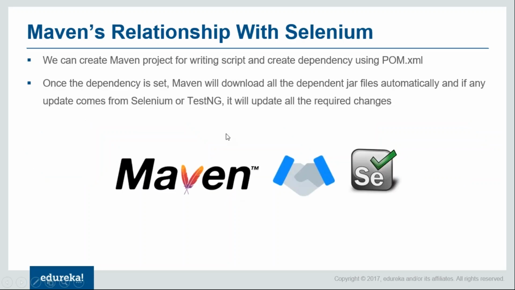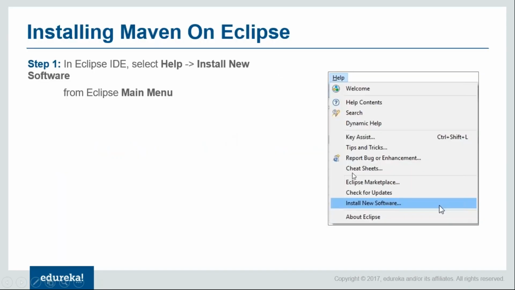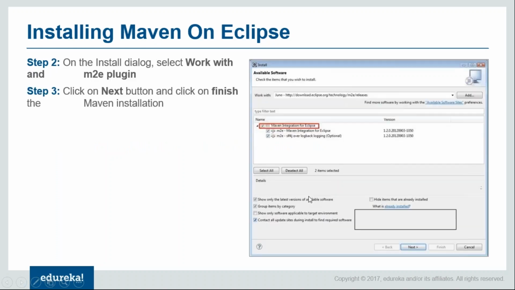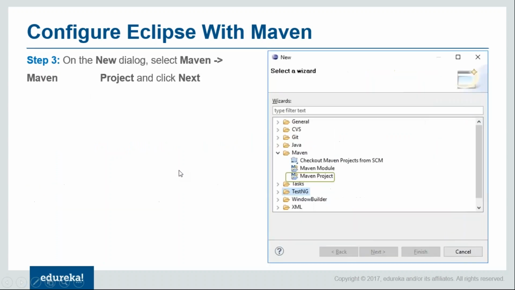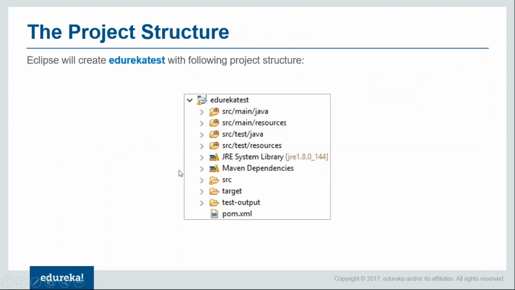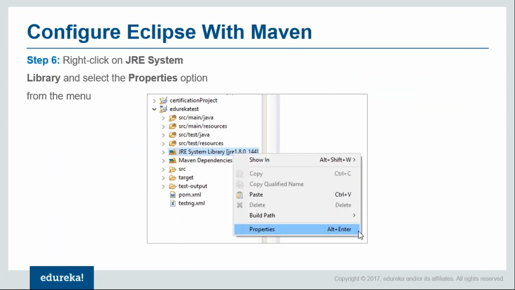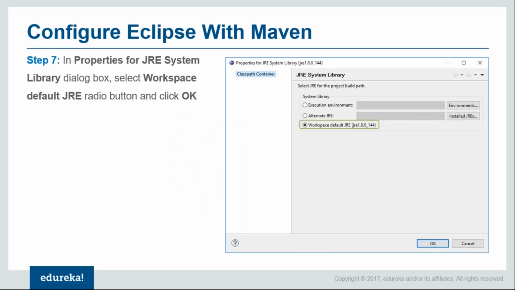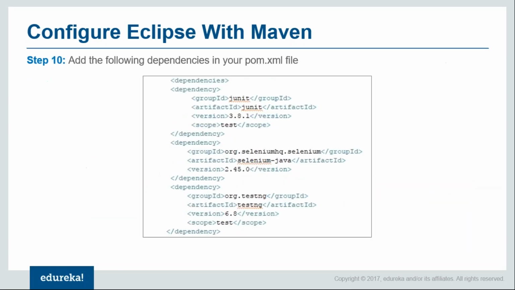To combine your Maven and Selenium, we started configuring it. We installed new software, that is M2 releases, and then we created a new Maven project, and started adding our group ID and artifact ID. This was the structure of our project. We also set up the system library to the newest one, and then converted into the testng project, and started adding the dependencies into our pom.xml file.